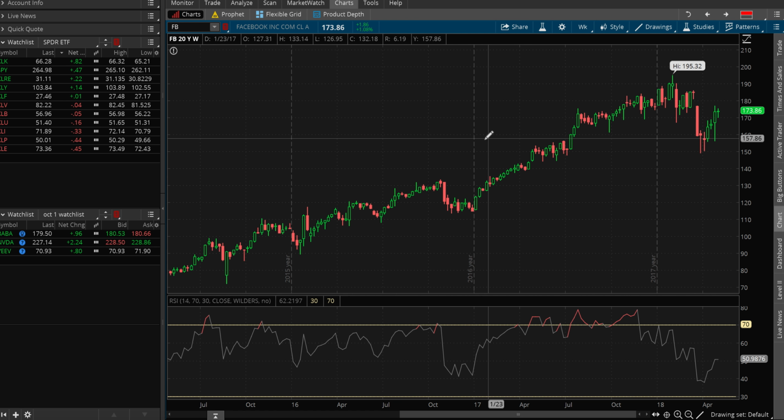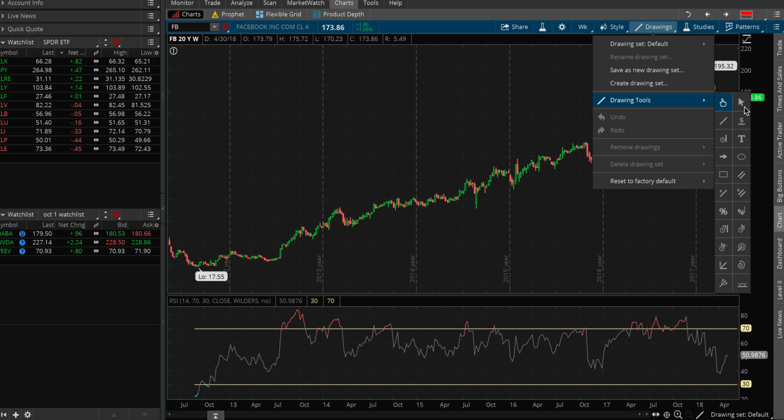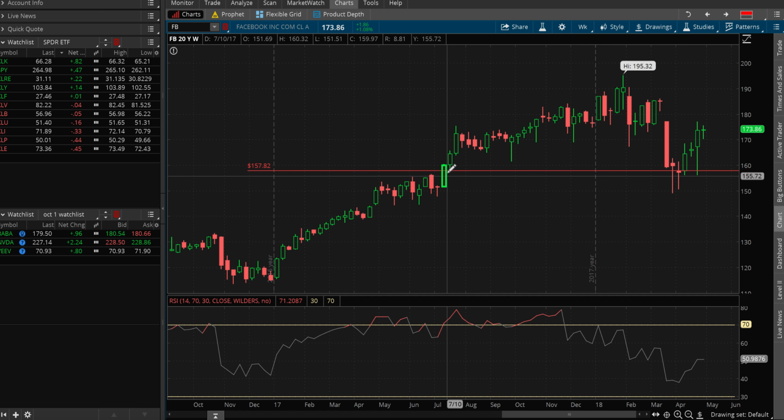Once again, once it goes over the 70 RSI, you get this nice break. Let me pull this up. Whenever you go over this RSI, after that you get a nice trender from there. Let me try to see what else is there.